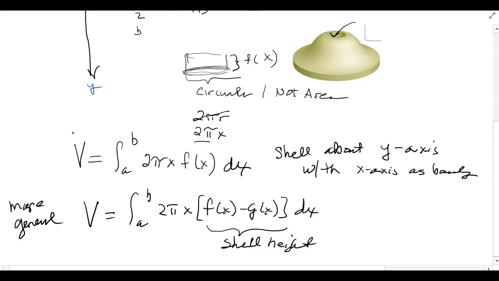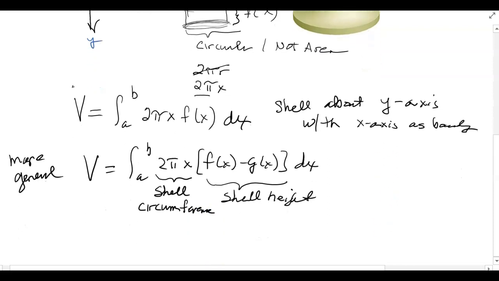Keep in mind, in a lot of problems, there won't be a g of x if you were just subtracting right to the x-axis, which is just 0. And this piece is your shell circumference. Okay? And this is about the y-axis.